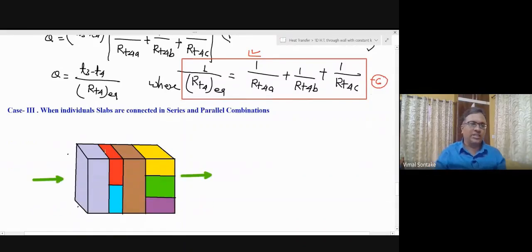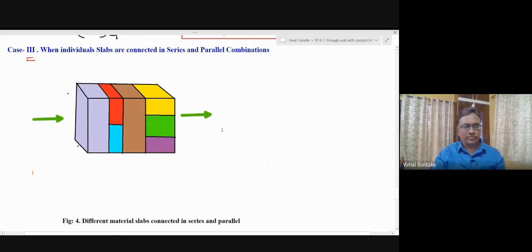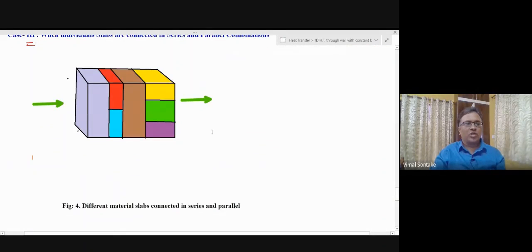Now let us consider the case 3, when individual slabs are connected in series and parallel combinations. So you will also come across the cases where a combination of series and parallel connections of slabs will be there. So let us say one such slab is there.